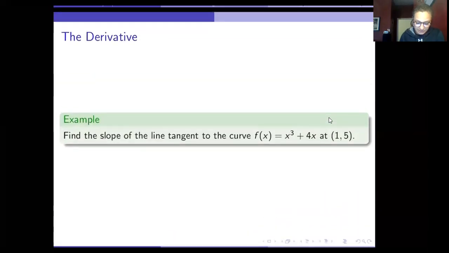So let's start with an example. I'm going to give you a function, f of x equals x cubed plus x to the fourth, and I'm going to give you a point, (1, 5), and I want you to find the slope of the line tangent to the curve.